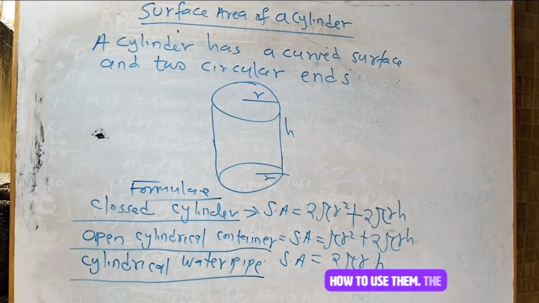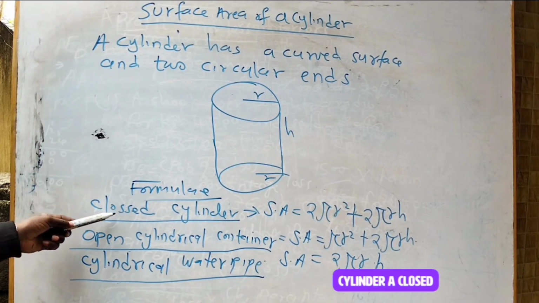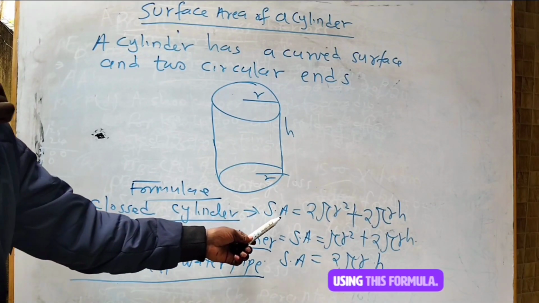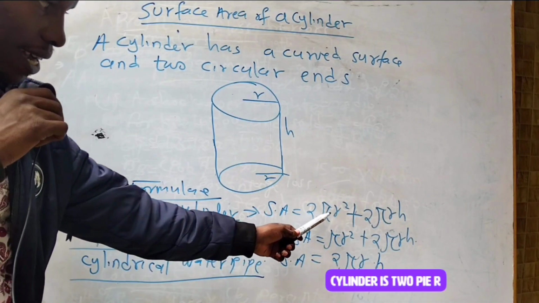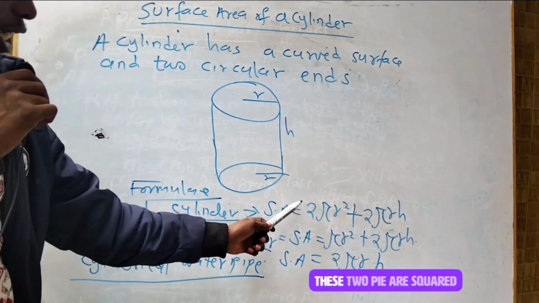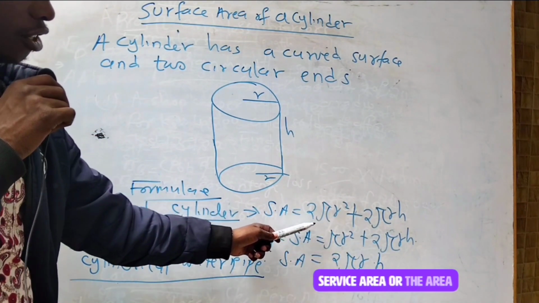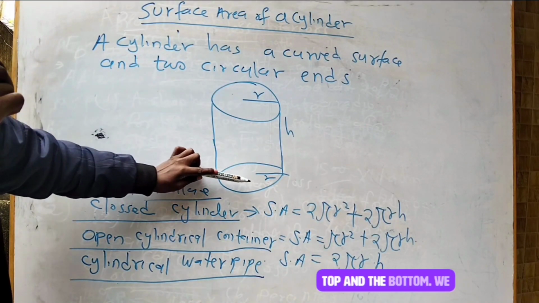The formulas are as follows. The first one is for a closed cylinder. Surface area of a closed cylinder is 2 pi r squared plus 2 pi rh. This 2 pi r squared refers to the area of the circular faces, the top and the bottom.